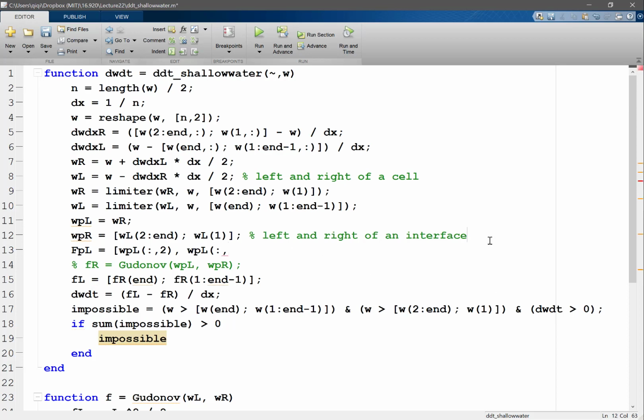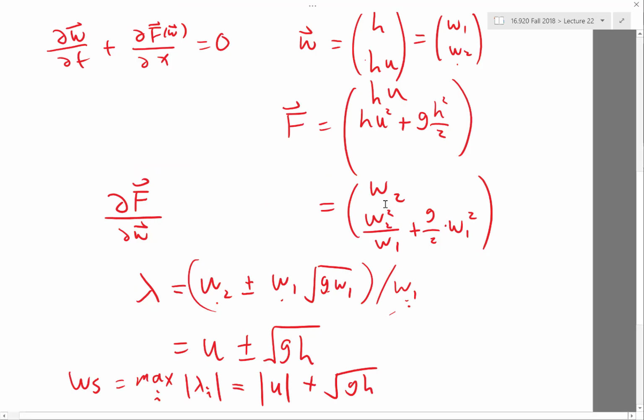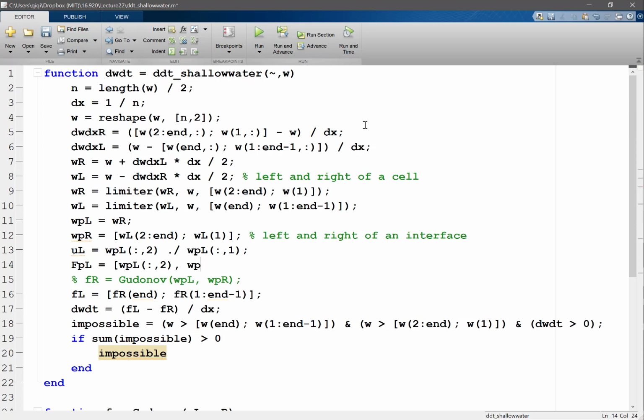so let me instead of this, let me just compute UL is equal to WPL divided by WPL1. So this is HU divided by H. So now the second one can be computed by H times U square, which is actually WPL2 times UL, and plus G over 2.